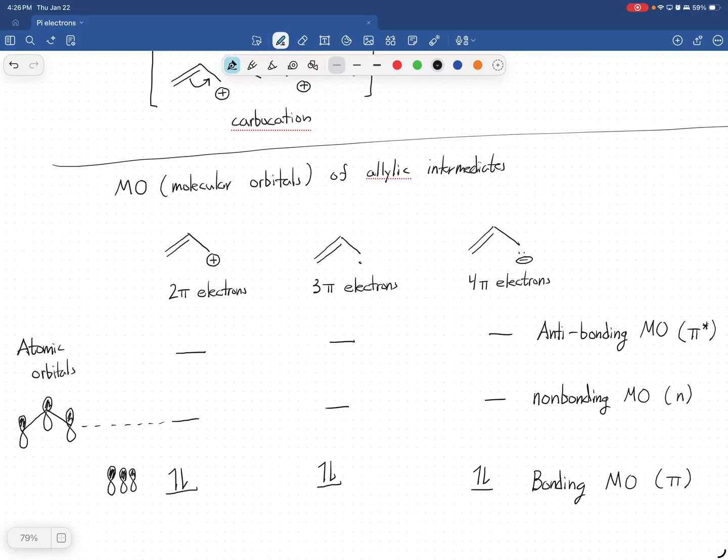When you get to studying MO theory, you'll see energy levels in the MO diagram that say N, non-bonding. So those are usually for where lone pairs are put. Like, for example, this lone pair in my 4 pi electron anion, that's where the lone pair occupies. So it's in the non-bonding orbital.